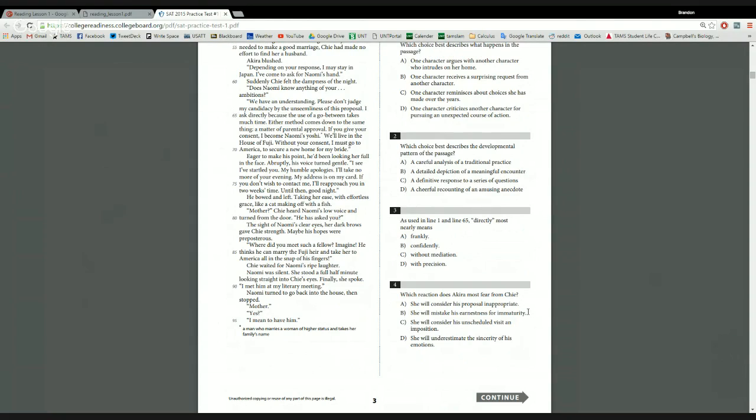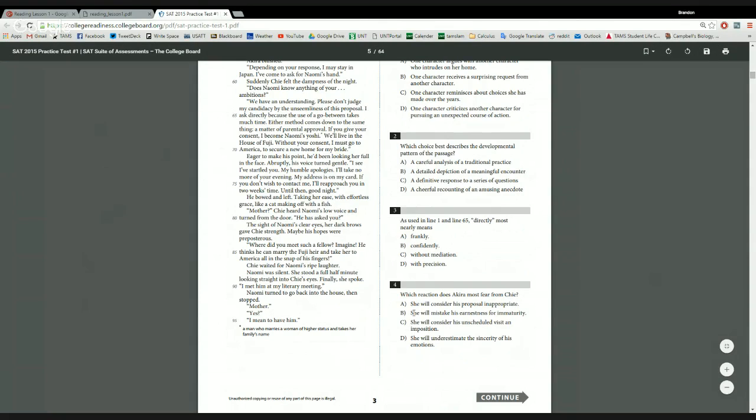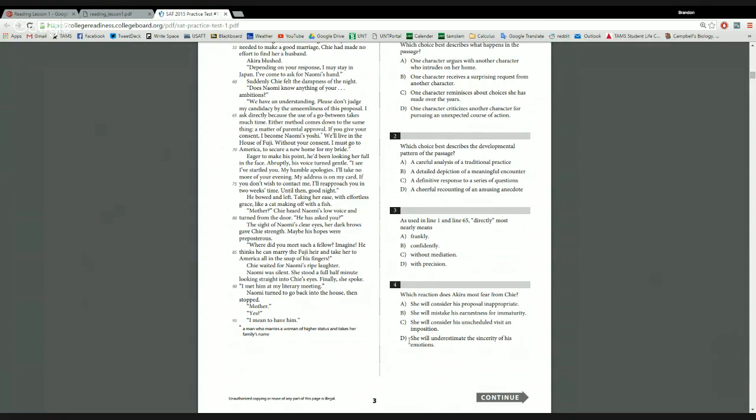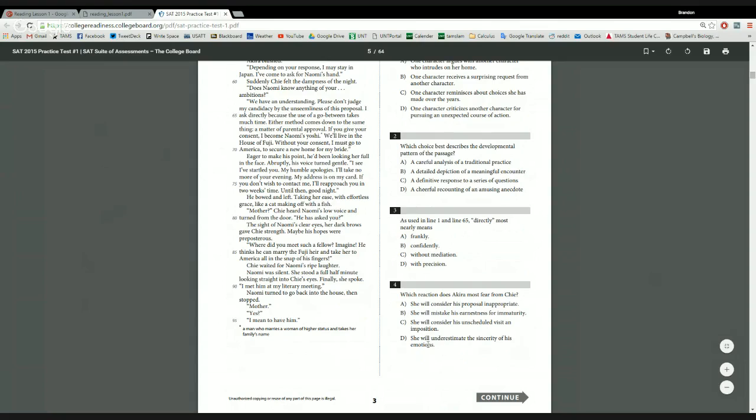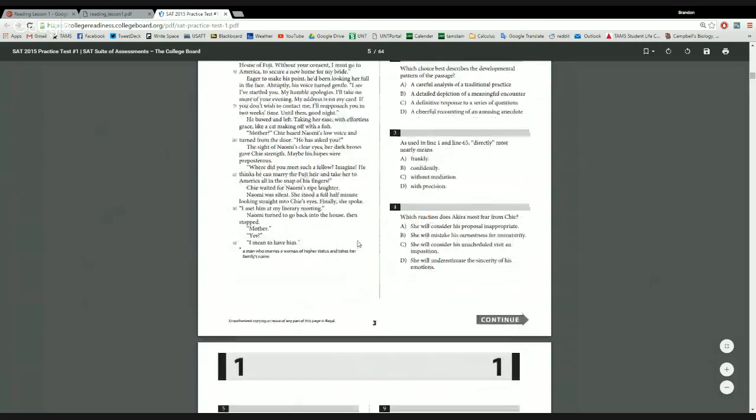C. She will consider his unscheduled visit an imposition. That's not stated in the text either, so we can't assume that. And D. She will underestimate the sincerity of his emotions. Once again, this is all based on opinion and not stated in the text. So A would be the most correct out of this question.